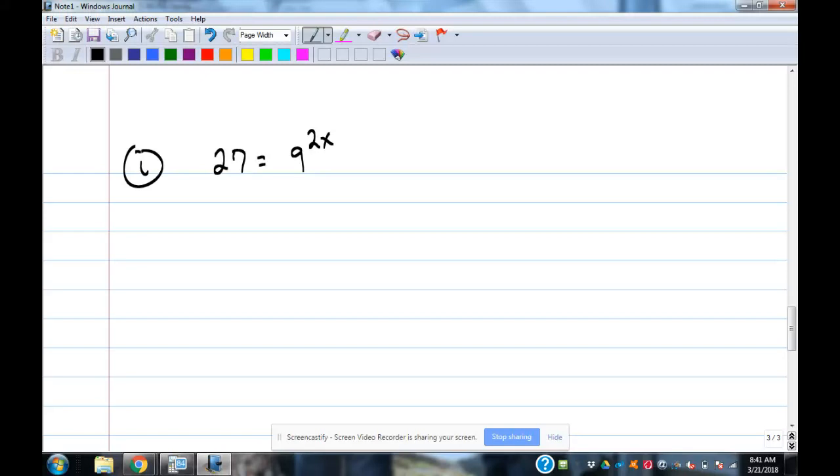All right. 27 is 3 to the third power. 9 is 3 squared. What do we do with those exponents? Multiply them. So that's 4x is equal to 3. Divided by 4. 3/4 is x.